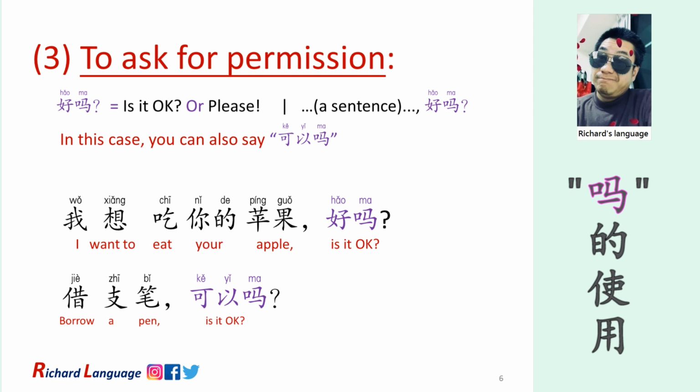And the sentence pattern, again, first of all, you say a sentence, and then you follow with 好吗? You can also say 可以吗? Both have the same meaning.